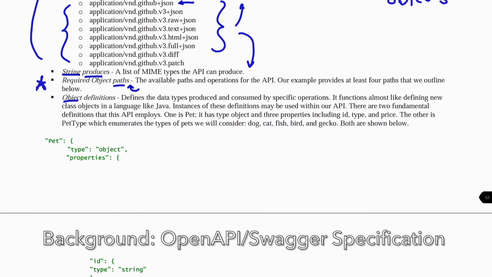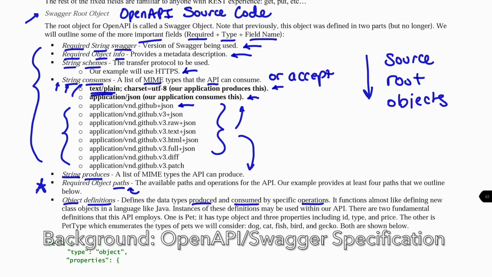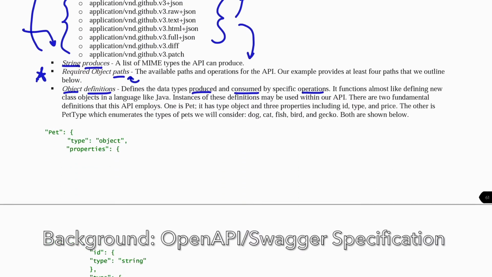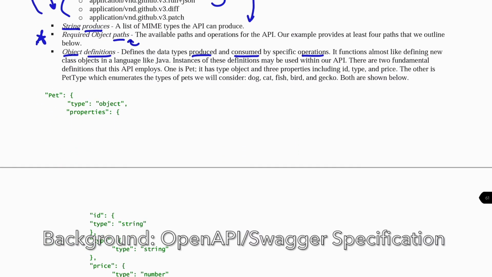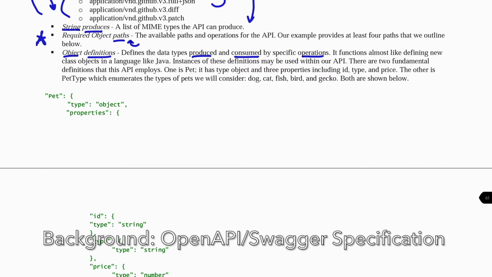Next, we have the object definitions. This defines the data types produced and consumed by specific operations. See, that's a little bit different than what we did up above, where we talked about the data types that our gateway is going to produce. It functions almost like defining new class objects in a language like Java. So we have an example right down here, which we're going to show in a second.